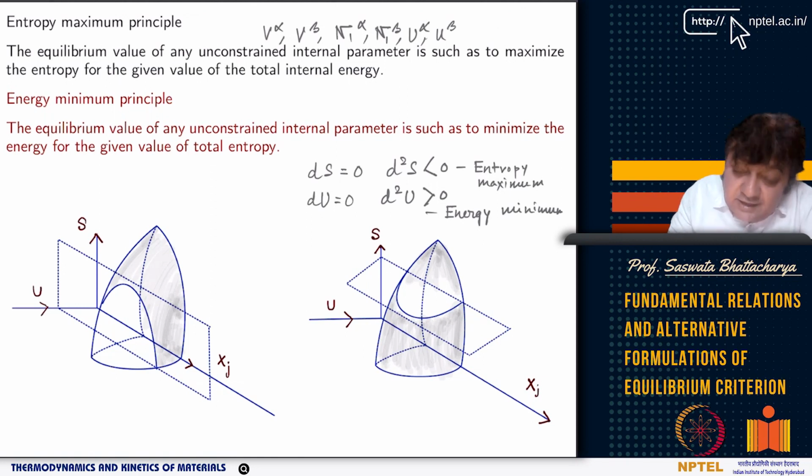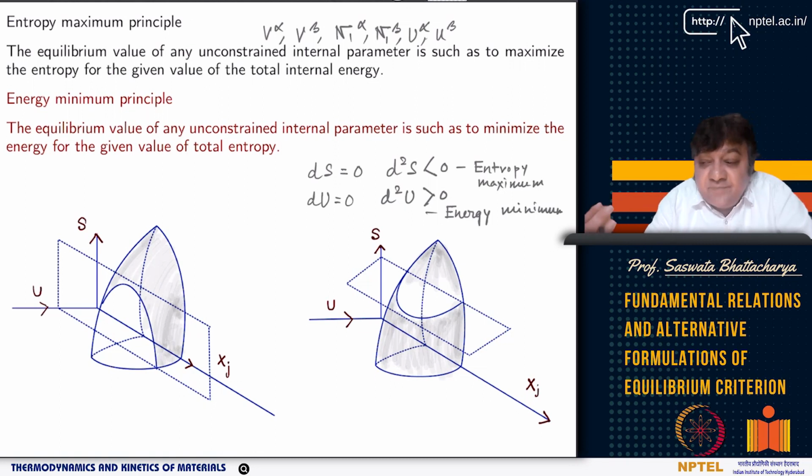That means total internal energy is given or fixed, right? Given value means it's fixed, and we are talking about the equilibrium value of any unconstrained internal parameter. Unconstrained, again, constraint is put by a wall, right?